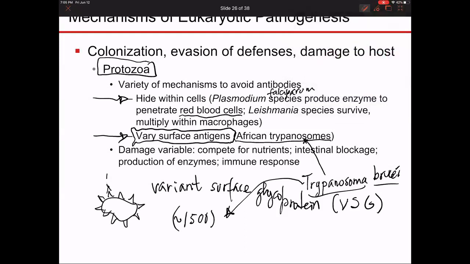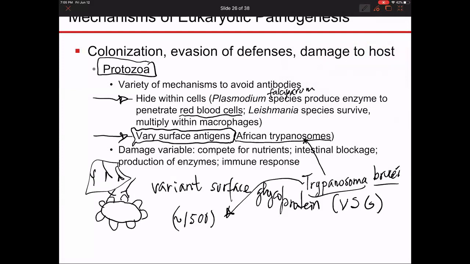But then by the time those antibodies are produced, the parasite may switch to a different version of that surface antigen, so that now these antibodies that were produced against the previous version cannot bind to it anymore. And then the immune system needs to produce antibodies against this new version.